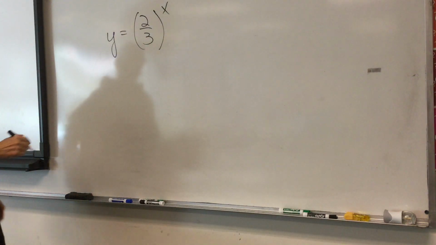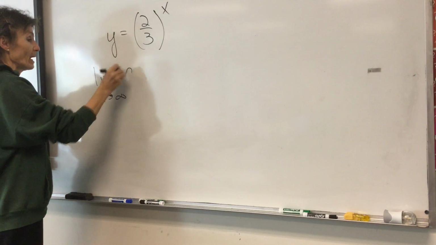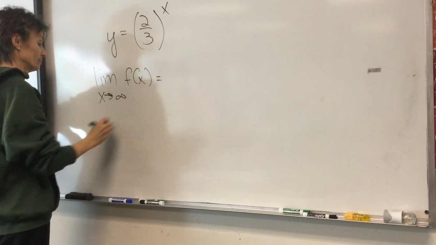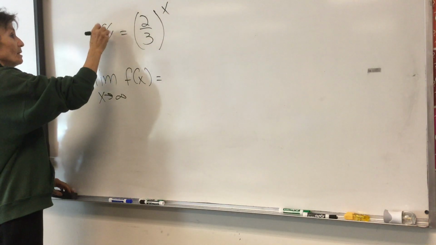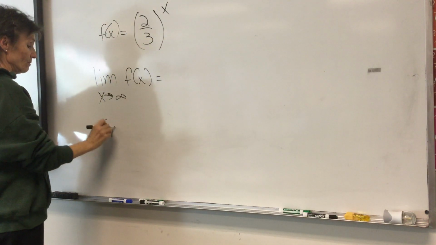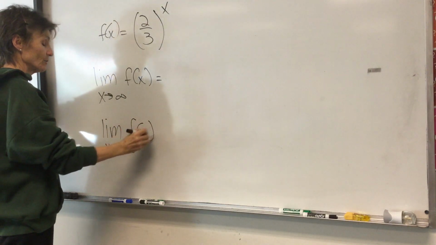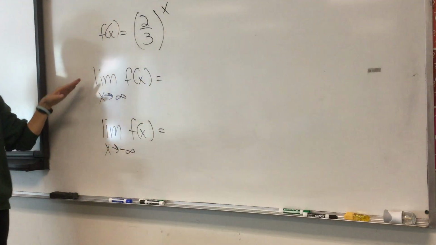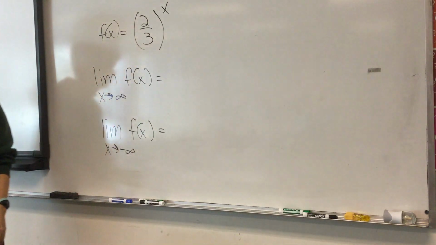Describe the end behavior. Now remember, what that means is you will be writing down your correct notation for end behavior, which is always the limit as x approaches infinity and the limit as x approaches negative infinity.